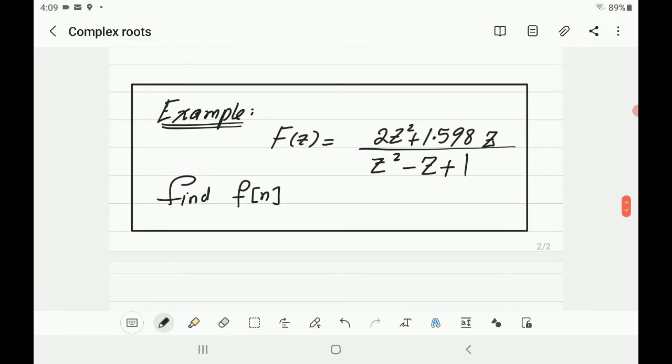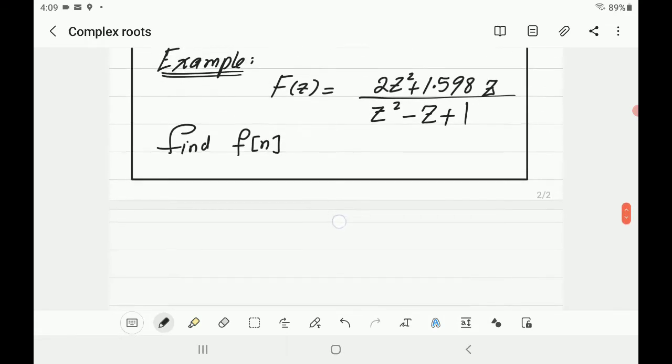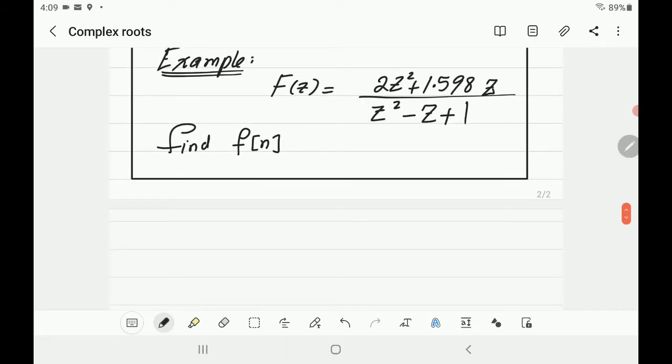This is the function given in Z transform, and you look at it. The first thing you're supposed to do is find the roots. Maybe you have simple roots, repeated roots, you don't know. All right, so how do you find the roots of this one? Using a calculator or MATLAB?